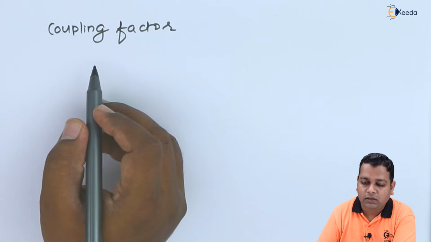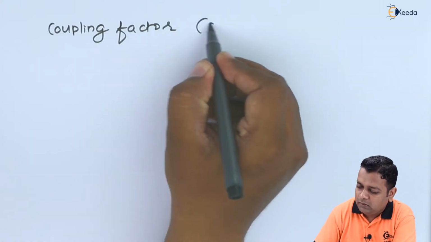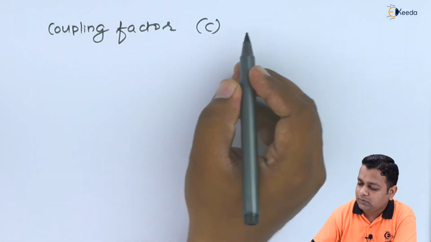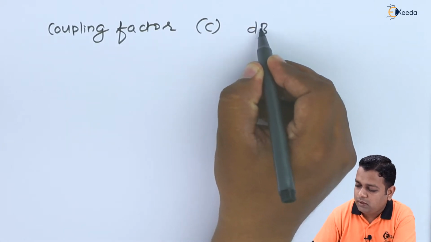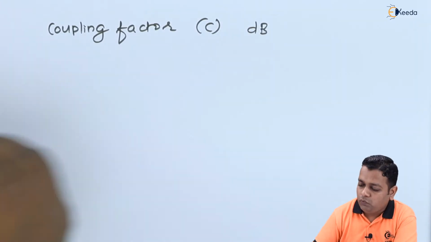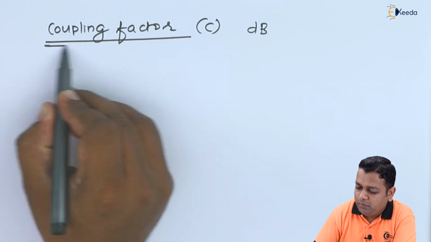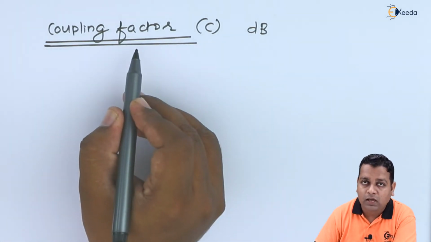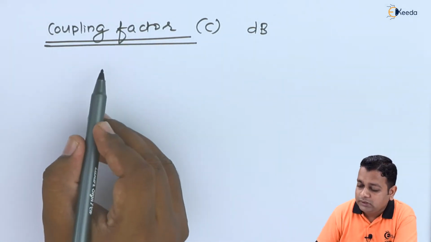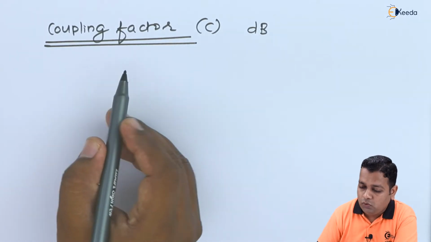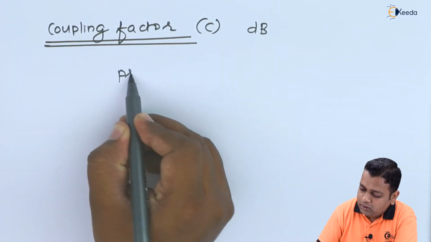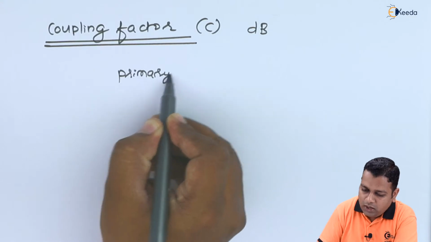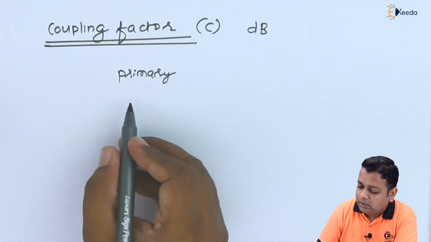The coupling factor is represented by capital C, and it is measured in decibels. The coupling factor is defined as the measure of the ratio of power levels in the primary waveguide and the secondary waveguide.